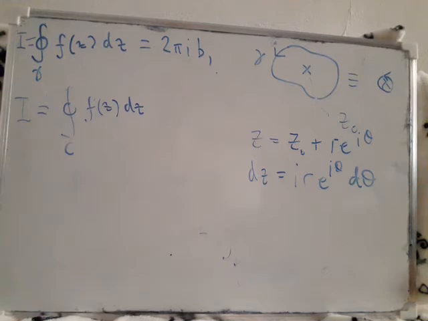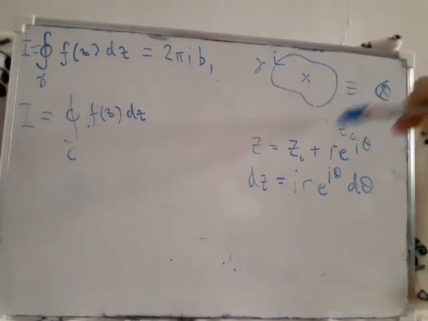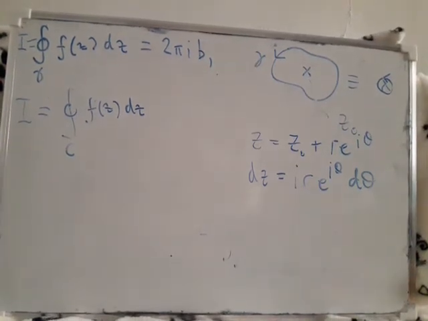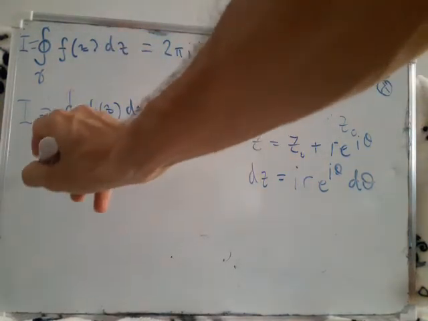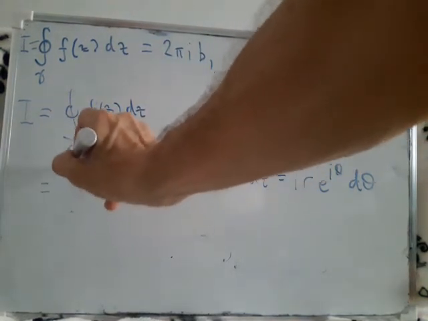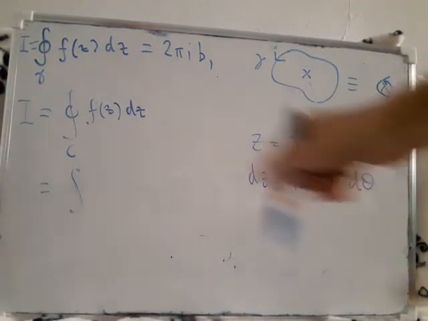So I'm going to integrate around a little circle centered on z0. So I change variable, and that means that my theta is going to vary as I'm going around the circle from 0 to 2 pi.